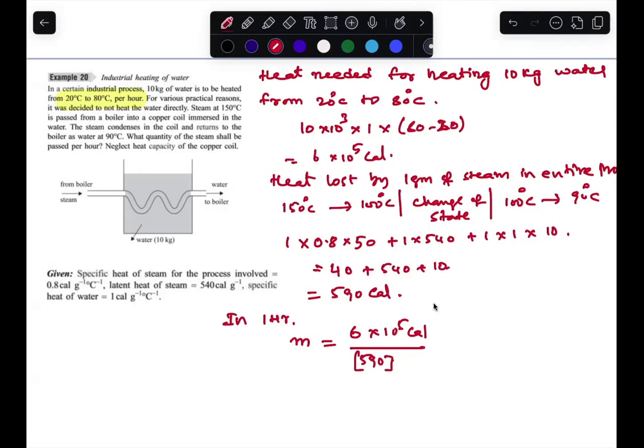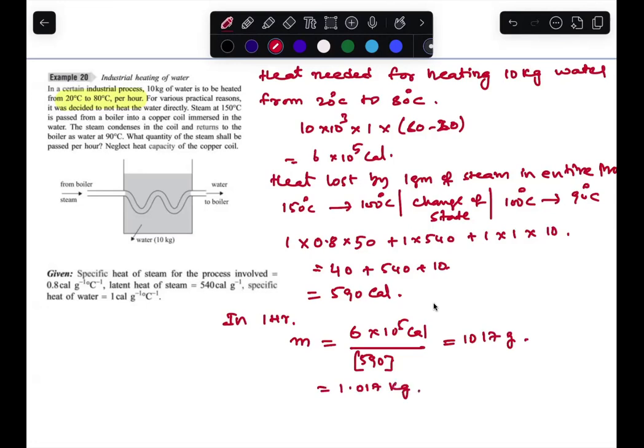Remember, this is heat required in 1 hour, and this is heat lost per gram. So therefore I am dividing this. With close monitoring, you will get 1016 gram. Converted to kg, this is 1.017 kg.